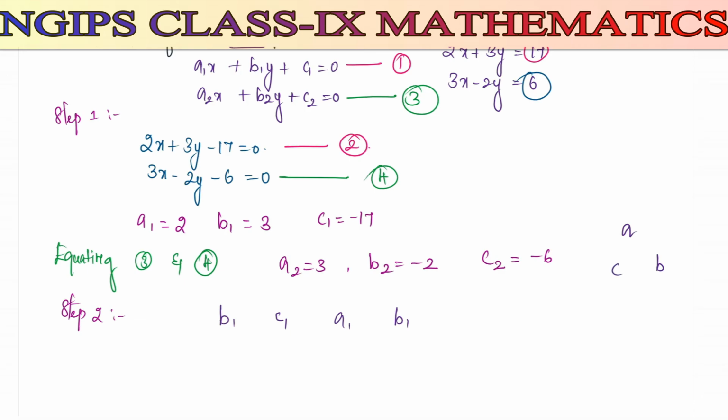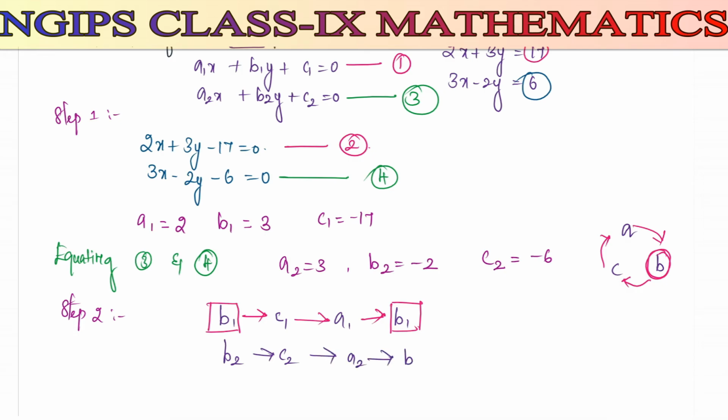Now I am going to start from value b to c, next c to a, next a to b. We started with the value of b and we have ended with the value of b. We are going to use the same for the second expression, b2 to c2 to a2 to b2. Okay, the given expression we have to write like this.